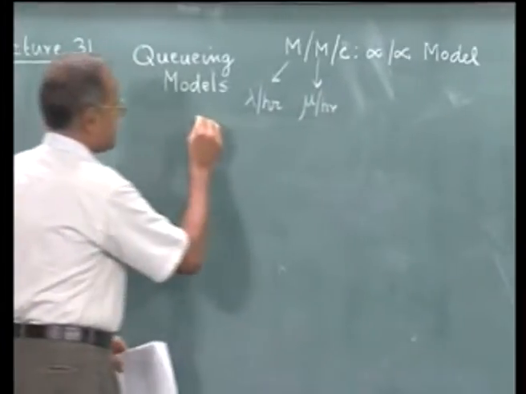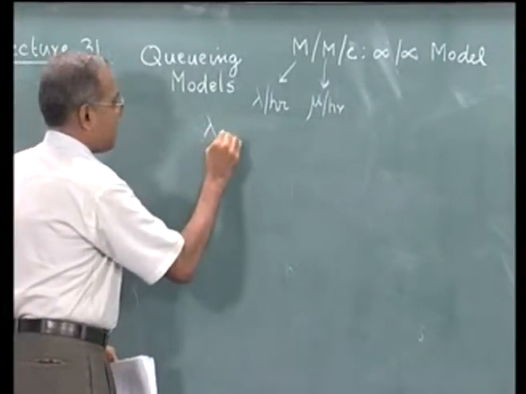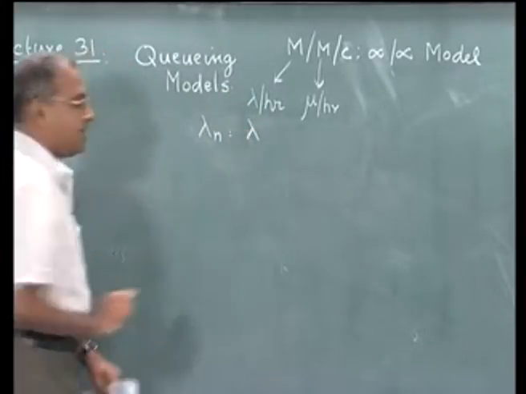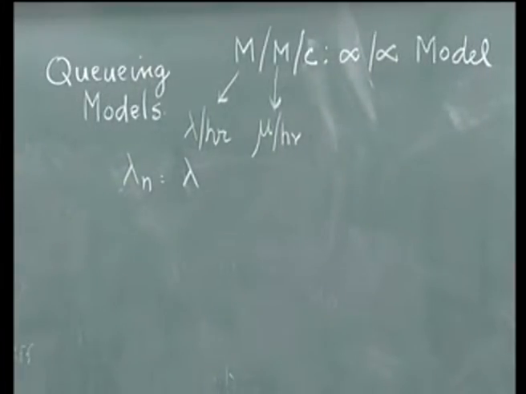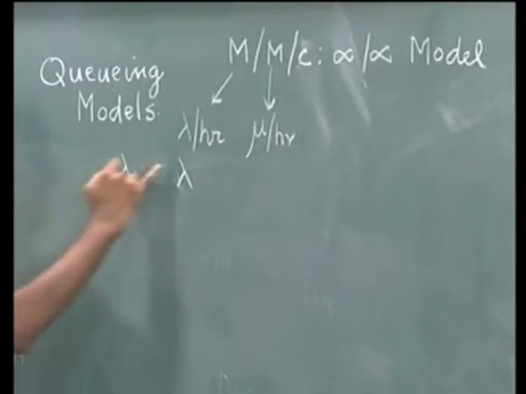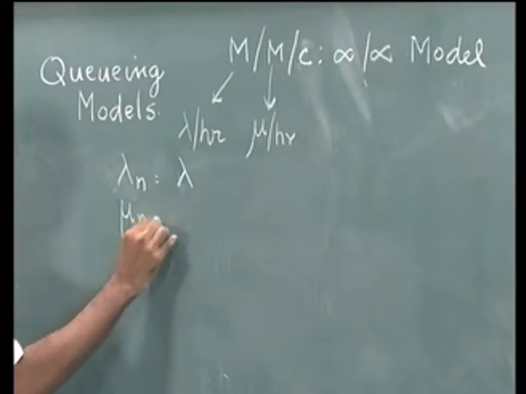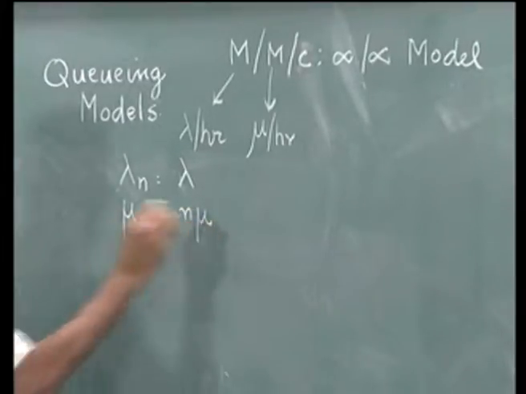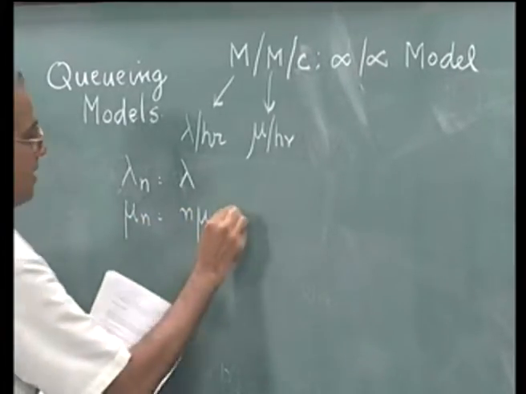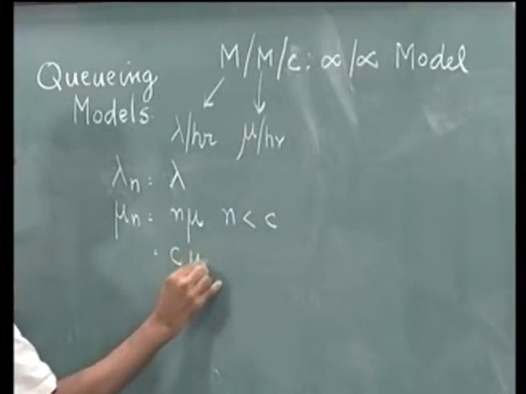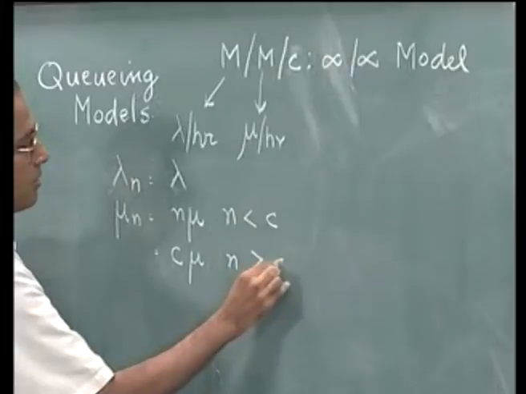In this type of queuing system, we can assume that lambda n is equal to lambda, irrespective of the number of people in the system, the arrival rate is only lambda, but mu n is equal to n mu when n is less than c, and it is equal to c mu when n is greater than or equal to c.